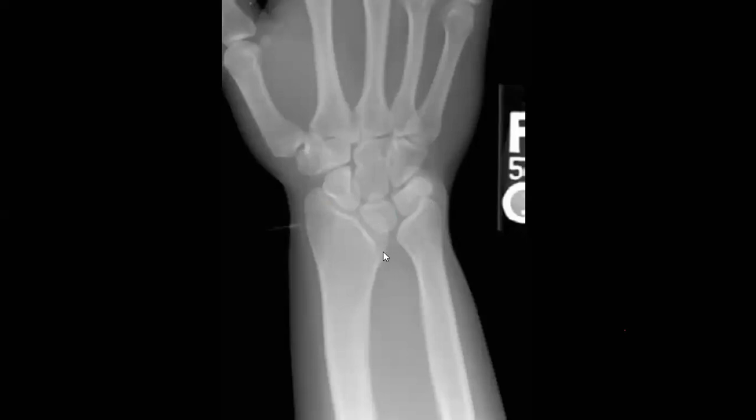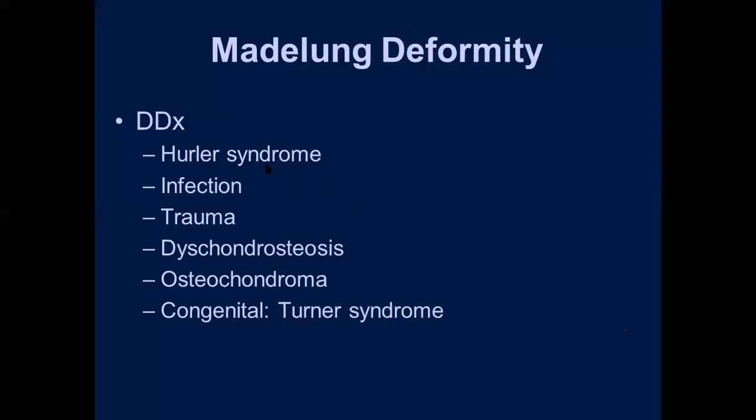So this is what's called Madelung deformity, and there is a very nice differential about it, either infection, post-infection, or post-traumatic, which is the common in real practice. But also don't forget something congenital like Turner, or a bony lesion like osteochondroma, or mucopolysaccharidosis, yes, Haglund syndrome.